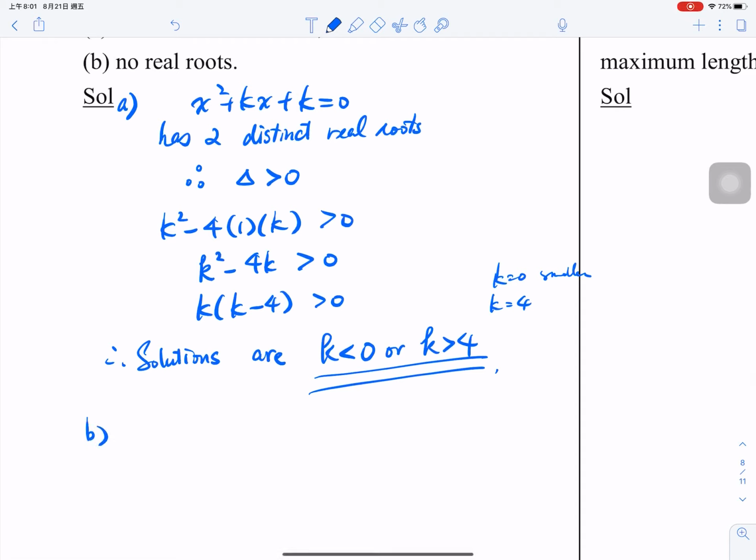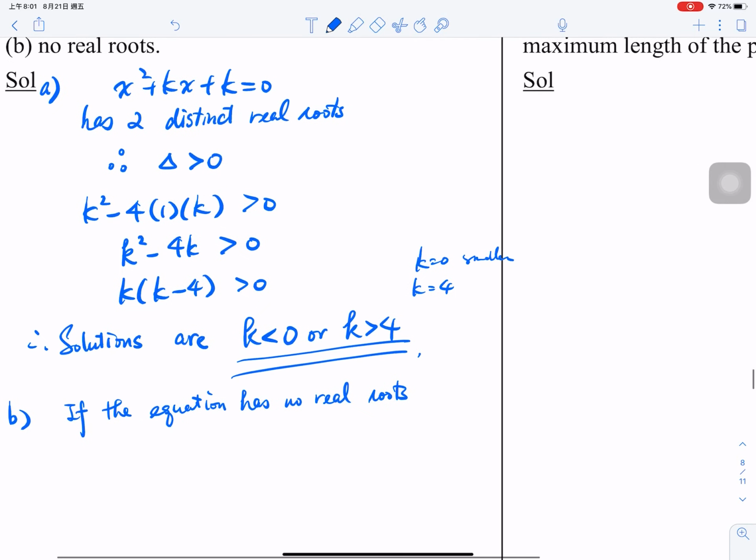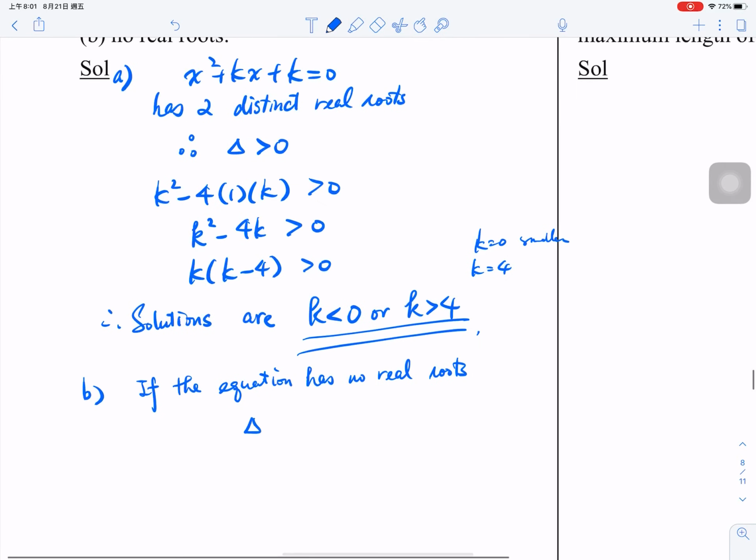Part B, no real roots. If the equation has no real roots, then, yeah, again, delta. No real roots, delta smaller than 0, correct.